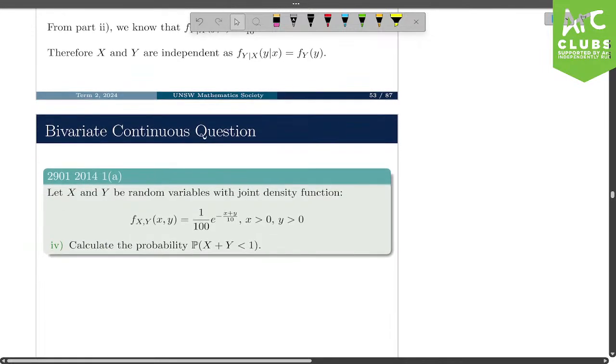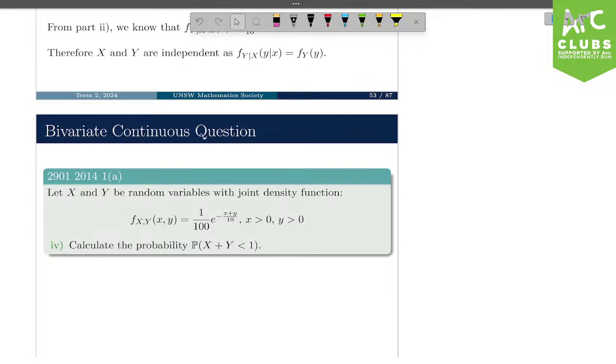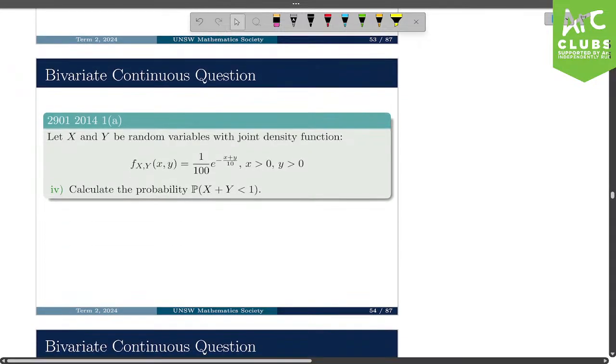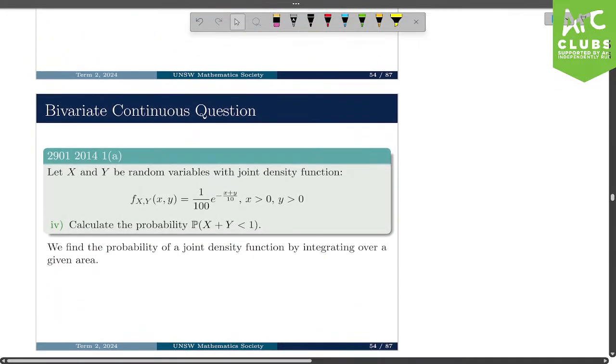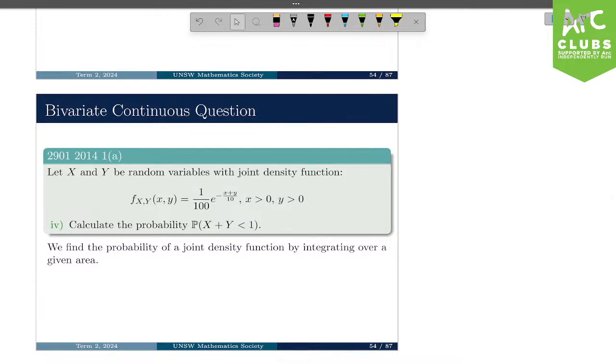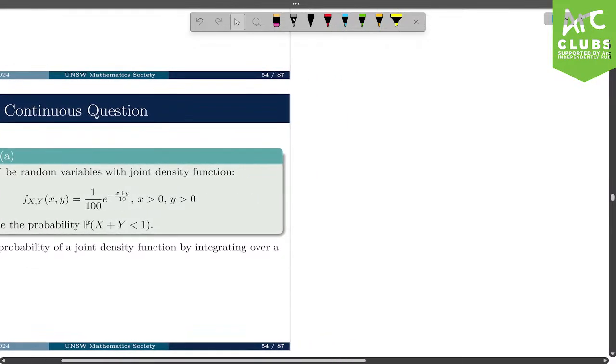So, now we start getting to the little tricky bits of this question. How do we calculate the probability of x plus y, the summation of our two variables, being less than 1? So, what we want is a way to sum all of our values. Now, the easiest way we can think of this is to bring it back down to a discrete example. Discrete examples are fantastic because they allow us to think of things very seamlessly. I've drawn a staircase here and a complement staircase here.